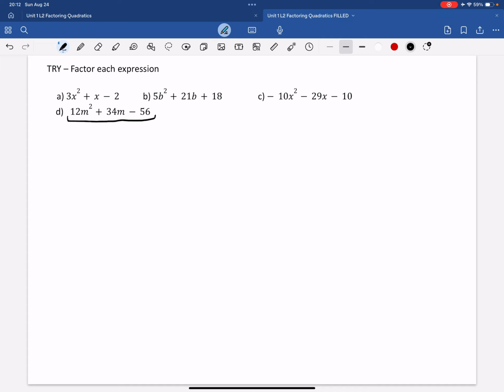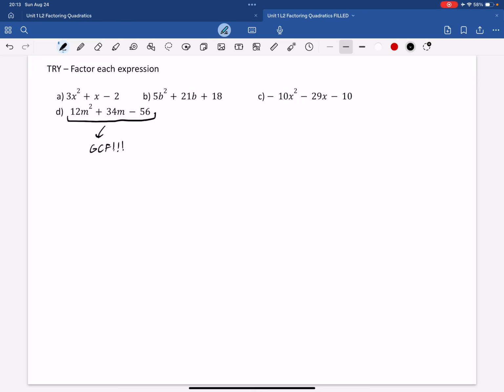I want you guys to have time to practice, but I do want to point out, if we have numbers like this, what's a smart thing to do first? Again, we're factoring. And factoring means breaking down a single expression into smaller parts, multiplied together, okay? Don't forget, especially if you have big numbers, look for a GCF first, okay?